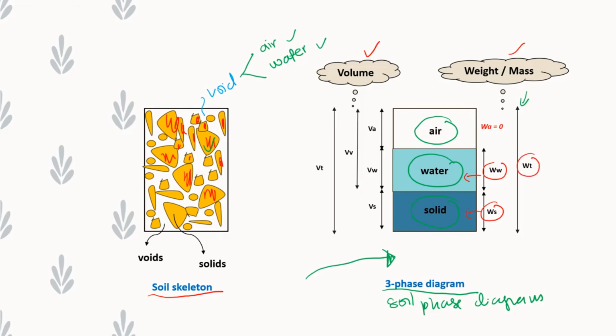And the total weight is everything here: weight of air, even though we consider it equal to 0, plus weight of water plus weight of solid. Meanwhile, for volume, we have volume of air, volume of water, and volume of solid respectively. And we know that volume of air plus volume of water is equal to VV, and the total volume is everything here.